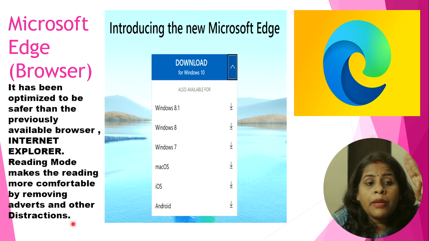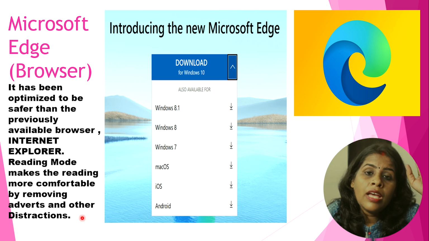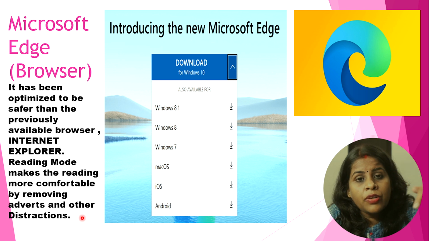Two things are there: Microsoft Edge is more secure, that's why it is important, and the other is removing adverts and other distractions. If you want to read, then you can enable the reading mode and no ad or any distraction will come in between your studies.